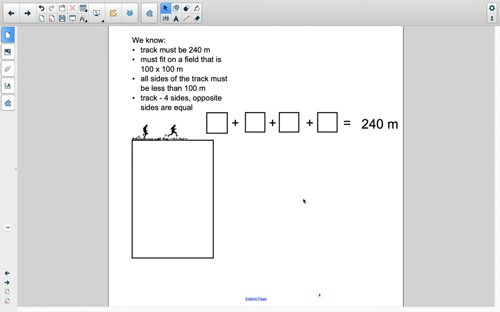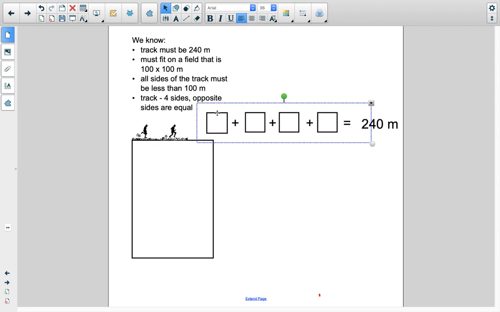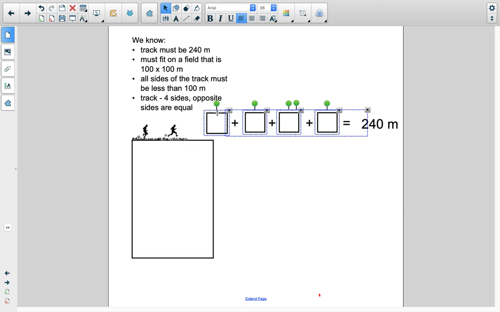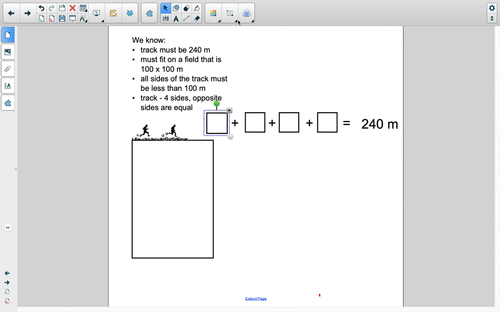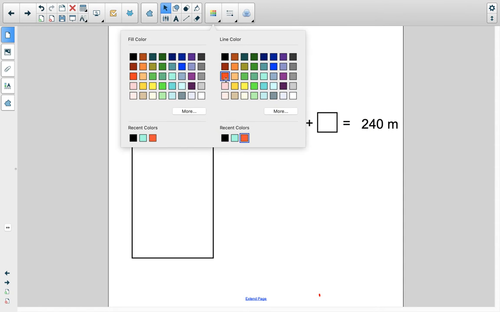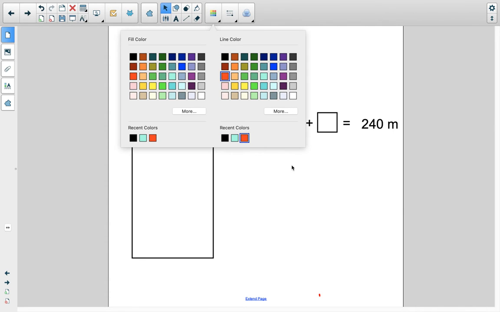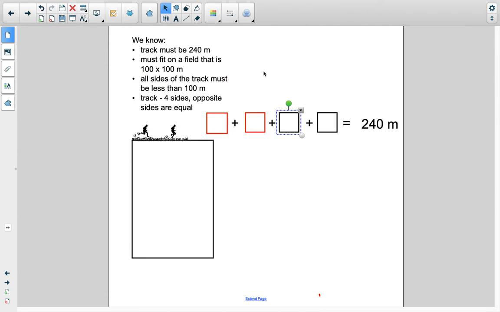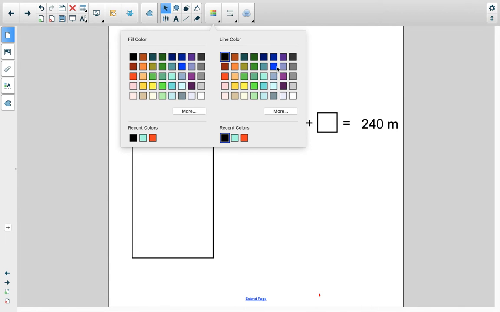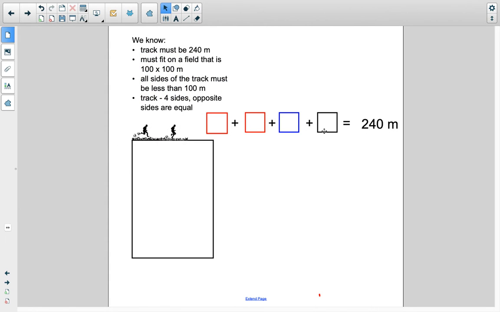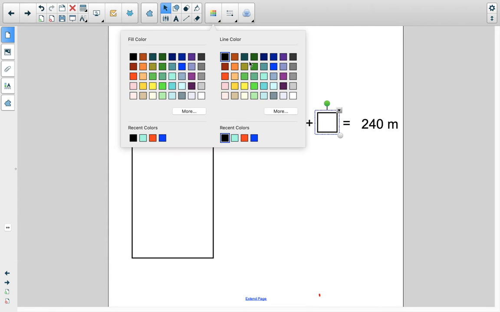That's what I know. The other thing I know is that if I do length and width of my box, these two boxes must be the same number, and these other two boxes must be the same number.